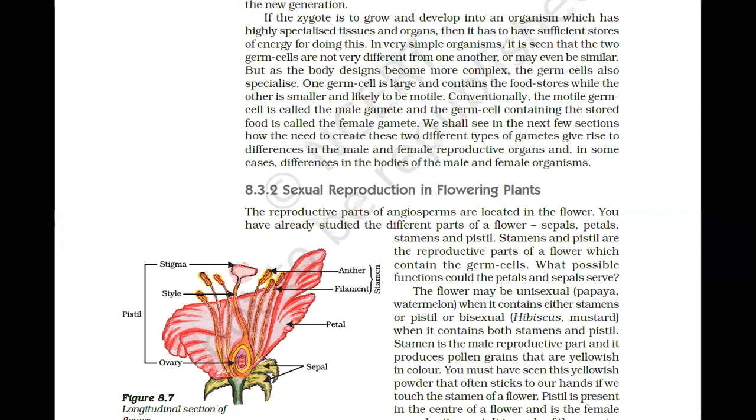Conventionally, the motile germ cell is called the male gamete, and the germ cell containing the stored food is called the female gamete. We shall see in the next few sections how the need to create these two different types of gametes gives rise to differences in the male and female reproductive organs, and in some cases differences in the bodies of the male and female organisms.